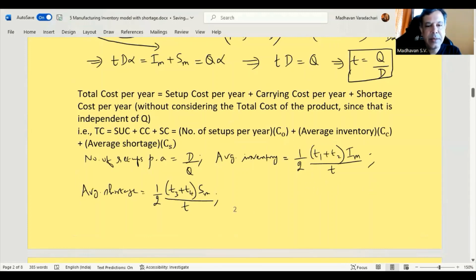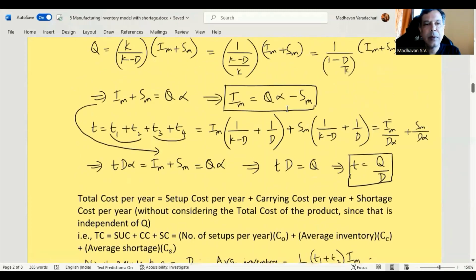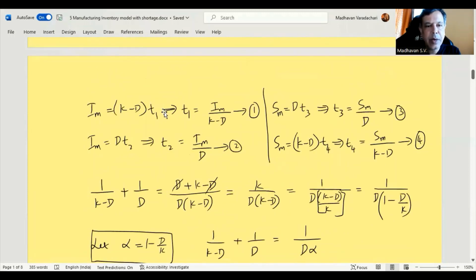Now, let us consider this T1 plus T2. We already have T1 as IM by K minus D, T2 as IM by D. So IM is common. So you will have IM outside and then you will have 1 by K minus D plus 1 by D, which we already have as 1 by D alpha.